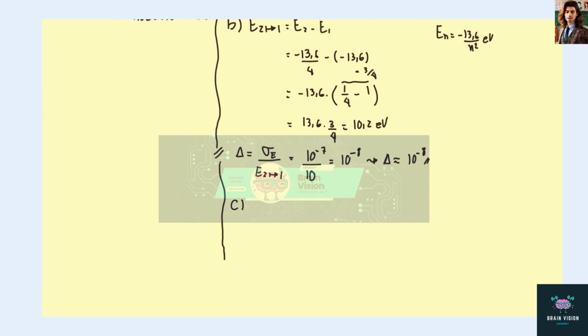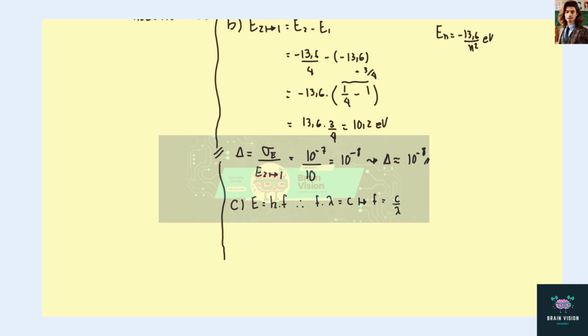In the last item, we have to calculate what is the wavelength of this transition. Well, remember that the energy of a photon is given by h times the frequency of that photon. And then remember that the frequency of a photon times the wavelength of that photon is equal to the speed of light, c. Therefore, the frequency is equal to c divided by lambda.